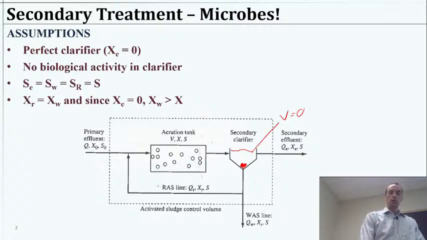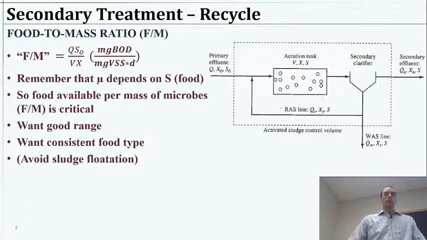Okay, so there's our assumptions that we can use to get a bit of a handle on what we're doing with the solids and how we're managing the system. So overall, what we are really aiming to do is in some way manage that growth, right? Last time we talked about the rate constants that were dependent on how much food the bacteria had.